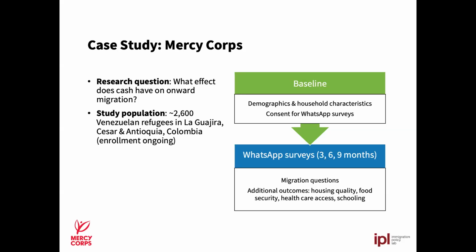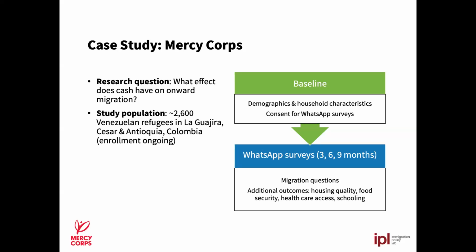So in terms of the research, we thought that the presence of this program gave us an opportunity to test the effects of providing cash on migration decisions. We know that there's a large body of research and evidence about the effects of cash on a number of different outcomes, including things like consumption and health and other well-being outcomes, but less so on questions of mobility and migration.